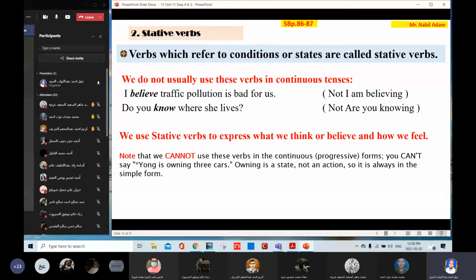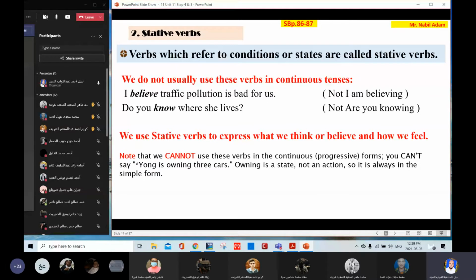For example, I believe traffic pollution is bad for you. I believe. Don't say I am believing. Do you know where she lives? Don't say are you knowing where she lives? We use stative verbs to express what we think, what we believe, and how we feel. يبقى أفعال الحالة بتتكلم عن الأفعال اللي فيها رأي، إيمان، مشاعر، أحاسيس.